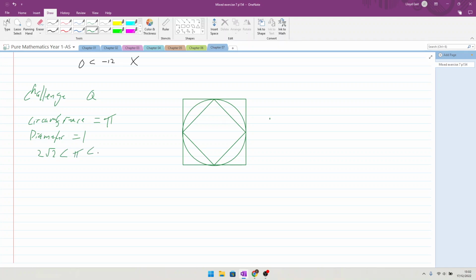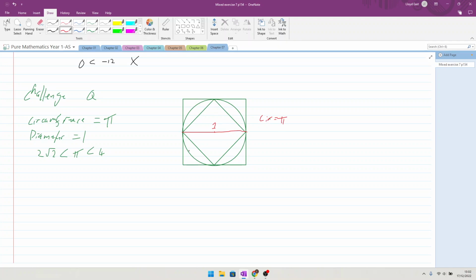Okay, so putting that onto here, we are saying that the entire diameter is 1, and that the circumference of this circle is equal to pi.